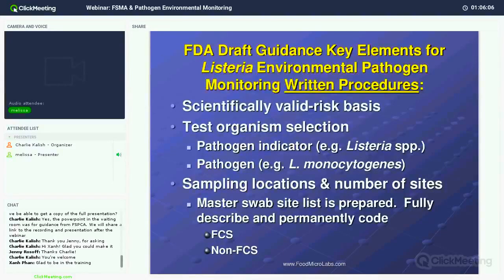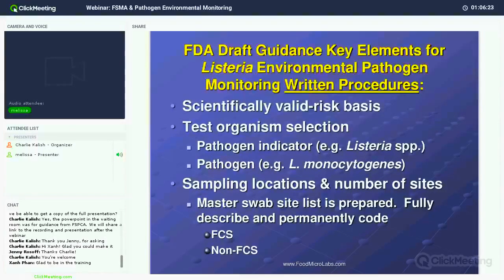We need to talk about test organism selection, when and where pathogen indicators are used, such as Listeria genus as an indicator for the pathogen itself, and specific testing for Listeria monocytogenes.